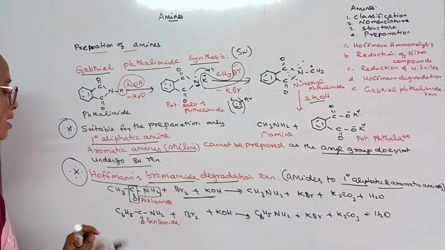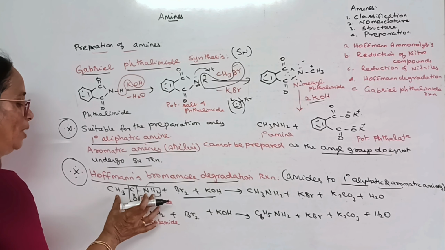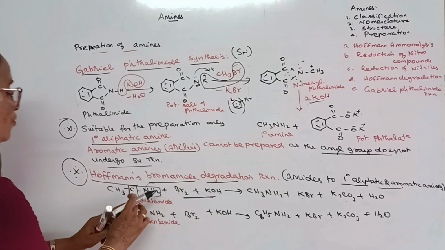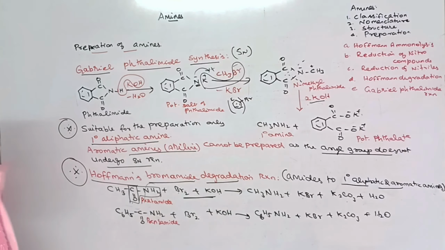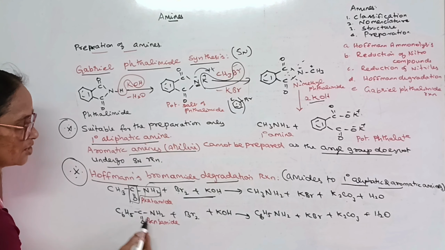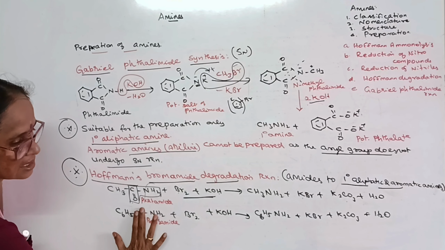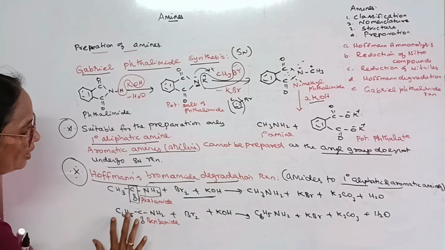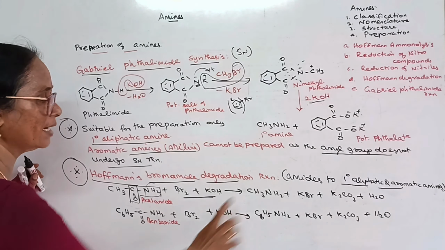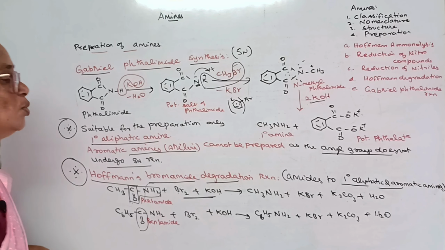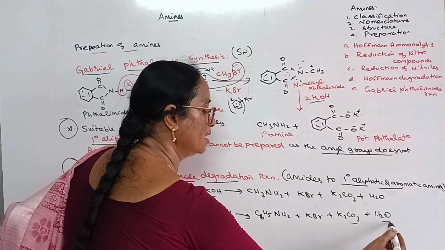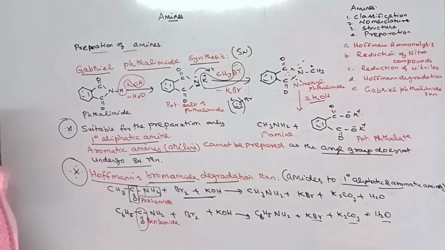From the amide, you remove the CO group and you get the rest of the product. So from acetamide, instead of CO, we find the group CH3NH2. Similarly, C6H5NH2: you just hide the carbonyl group and you get C6H5NH2, so aniline is formed. The carbonyl group is removed as potassium carbonate and water along with potassium bromide.